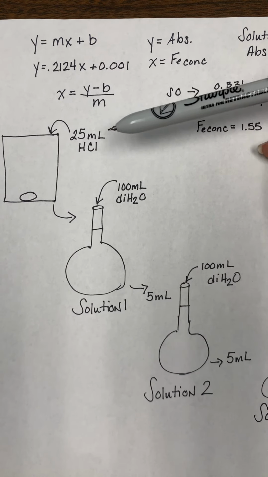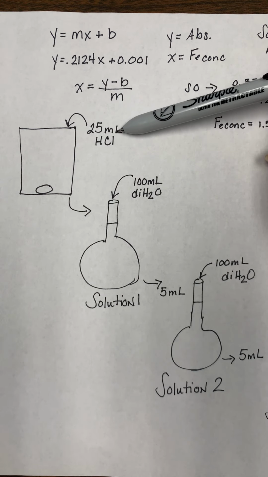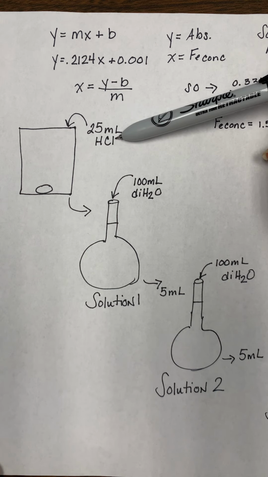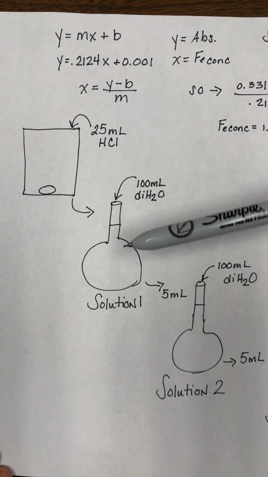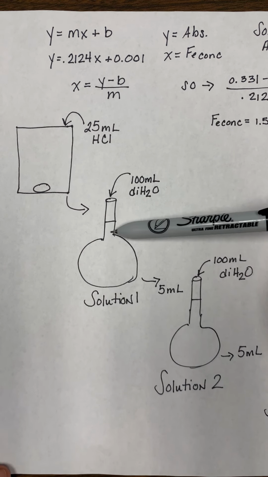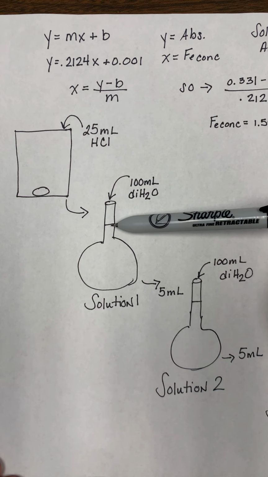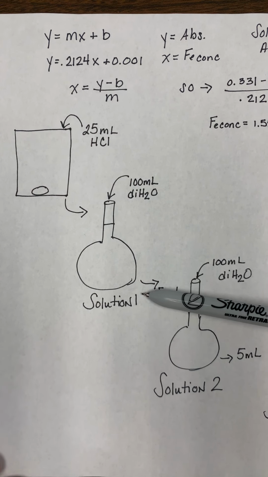Now, in the experiment, it tells you to take a vitamin and dissolve it in 25 mils of acid, okay? From there, you're going to take that entire thing and put it into a flask and dilute it up to 100 milliliters. This is going to be considered solution 1.